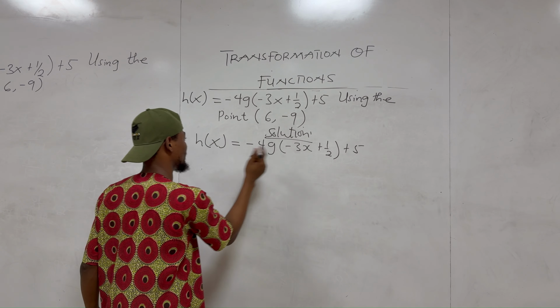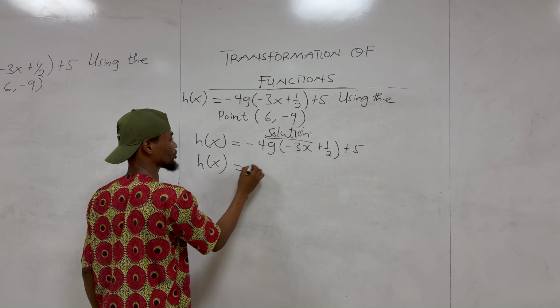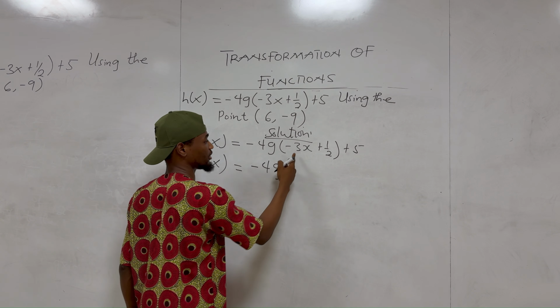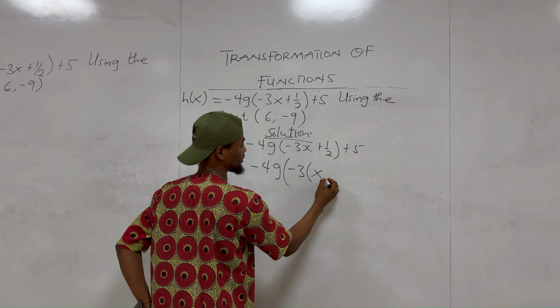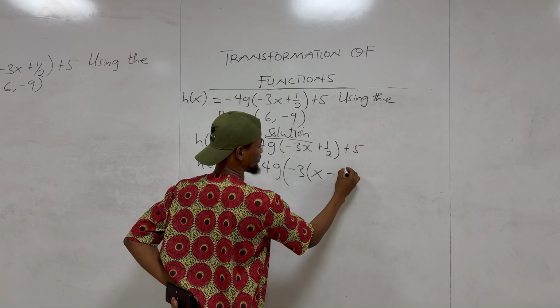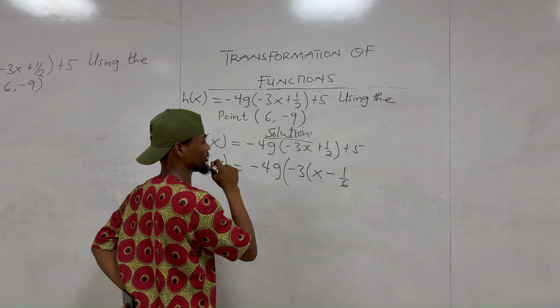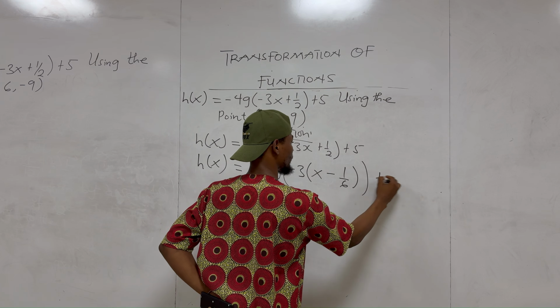You have to factorize. So I have h of x is equal to negative 4g, then I can bring negative 3 out. Then I have x plus 1/6, plus 5.